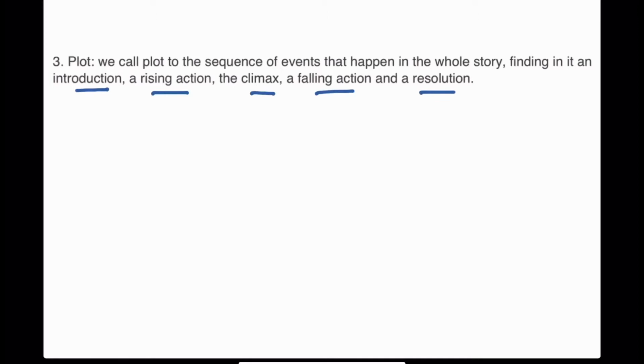So it is normal that we use a kind of scheme or diagram with which we can visualize the plot in a story. For example, the introduction could be a horizontal line. Then we have a rise in action, then the climax, then a fall in action and the resolution.